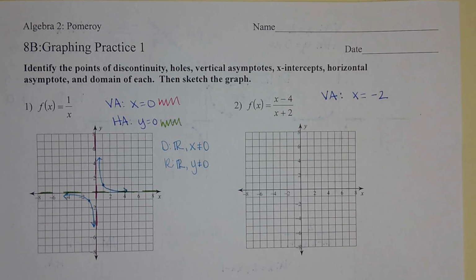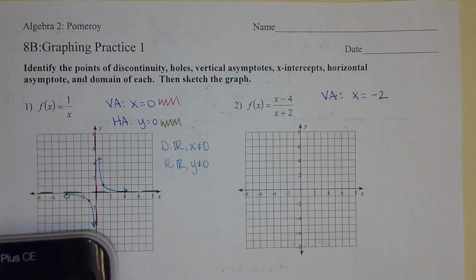Question number 2, we found that our vertical asymptote is at x equals -2 due to the denominator. And what we're going to do is find our horizontal asymptote. By doing so, we're going to look at the highest degree, the highest exponents of the denominator and numerator.